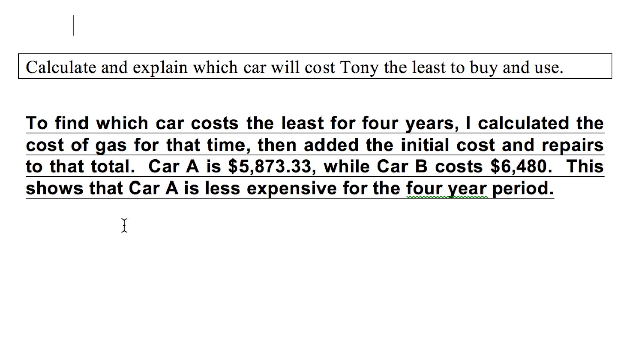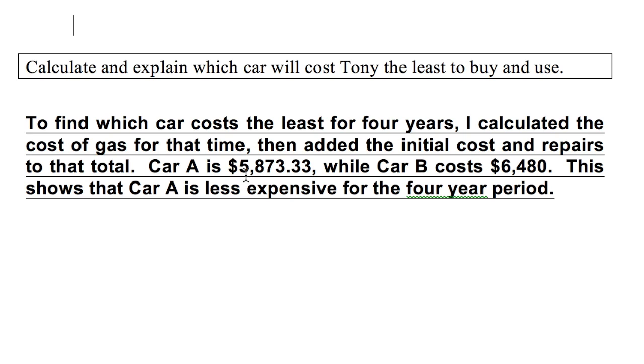Remember, we circled the question, calculate and explain which car will cost Tony the least to buy and use. Here is what I have written in the blanks. To find which car cost the least for 4 years, I calculated the cost of gas for that time. Then I added the initial cost and repairs to that total.